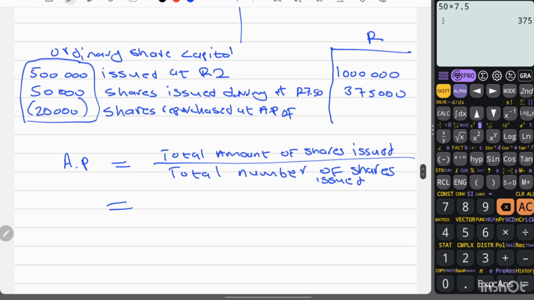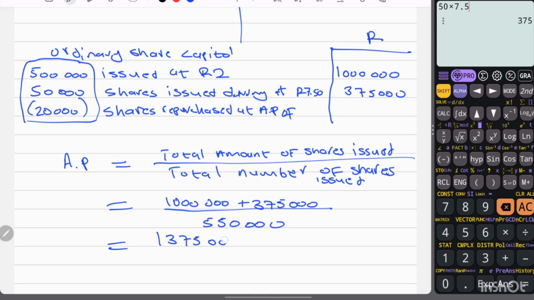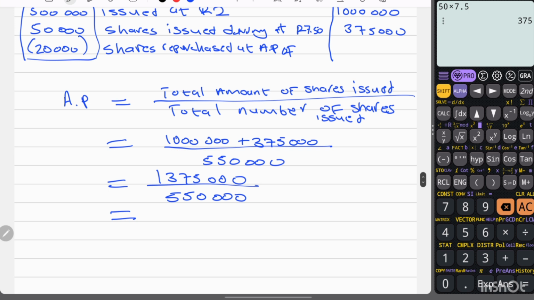All right, total amount of shares issued is going to be 1 million plus 375,000, all over the total number of shares issued. 500,000 plus 50,000 is going to be 550,000 shares, and then this one is going to be 1,375,000 all over 550,000.